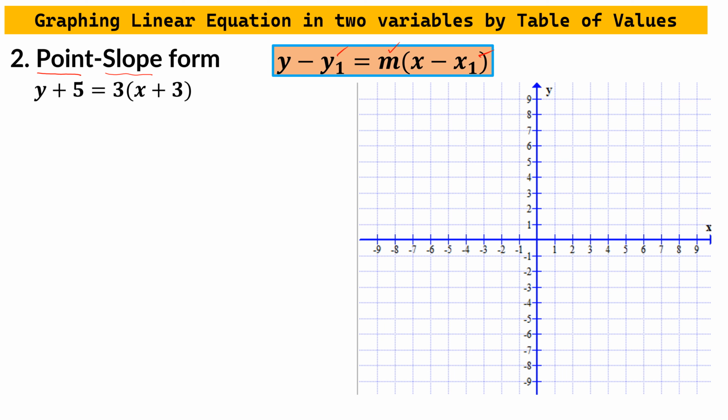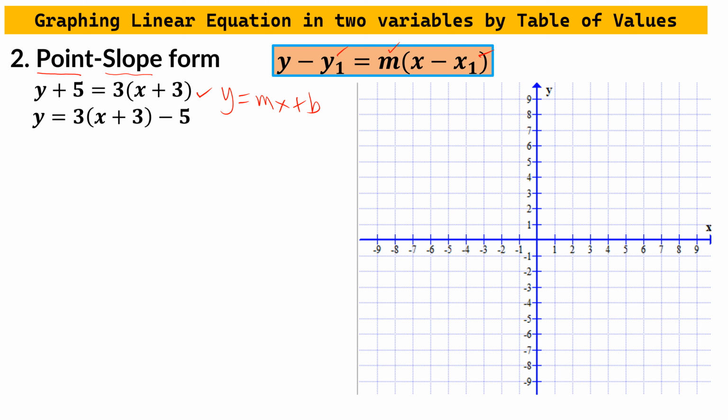So let us have y plus 5 is equal to 3 times x plus 3. And it is more convenient getting the value of y if we will be assigning values of x into the y equals mx plus b form. So we will be transforming the given into y equals mx plus b form.